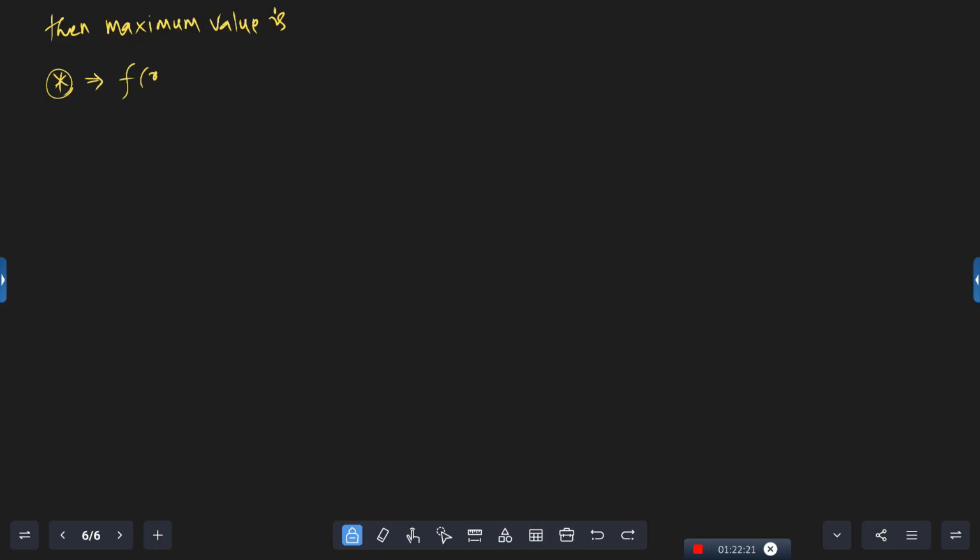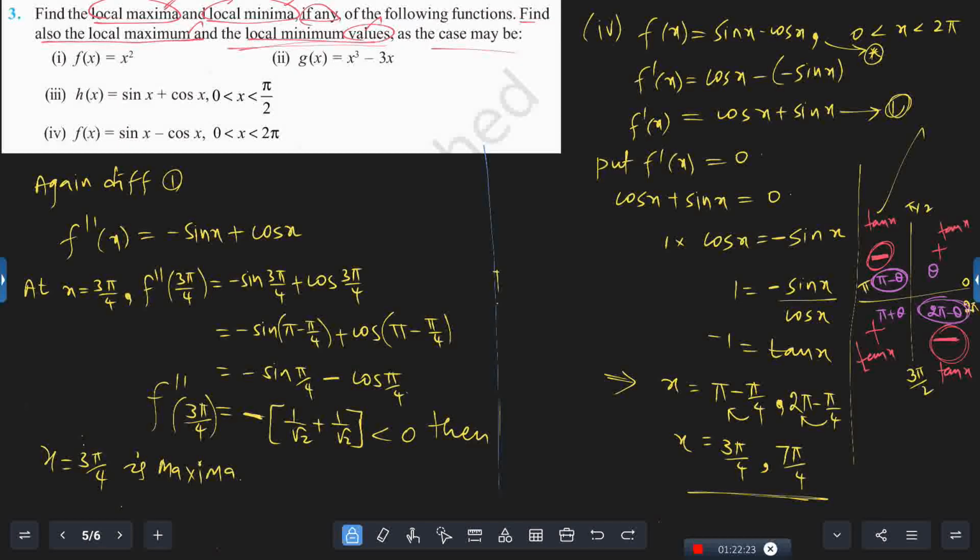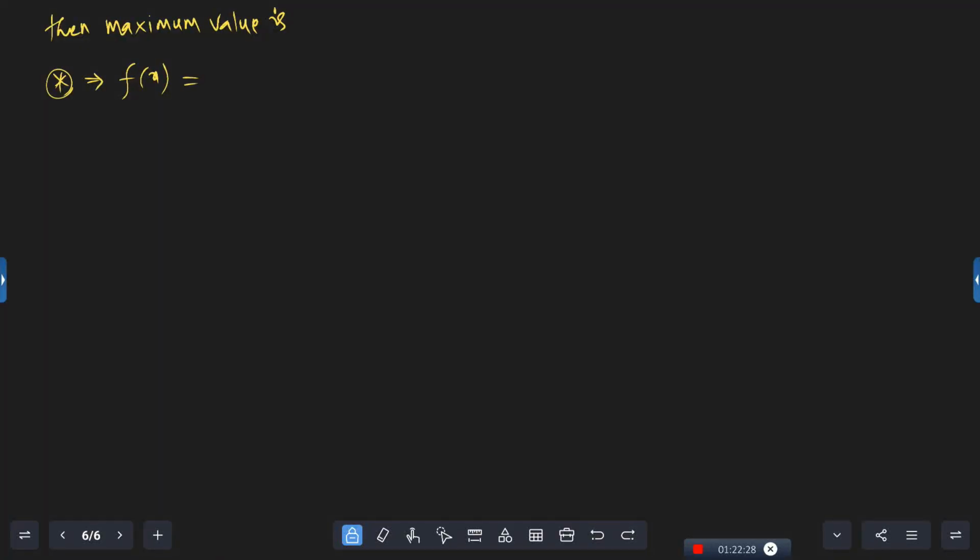The start point is f of x is equal to sin x minus cos x. The maximum value is f of x at x equal to 3 pi by 4, so sin 3 pi by 4 minus cos 3 pi by 4.